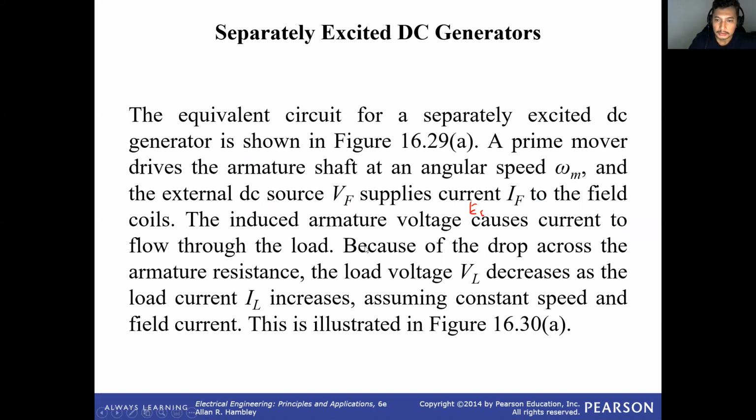However, because of the armature resistance, the load voltage will decrease as the load current increases. This happens when we assume that the speed is constant and the field current is also constant.